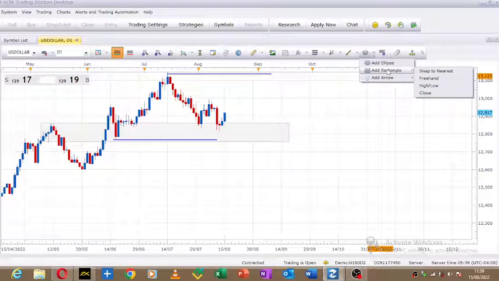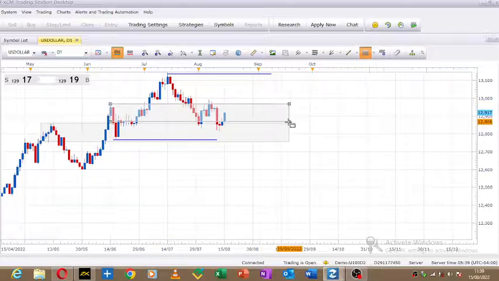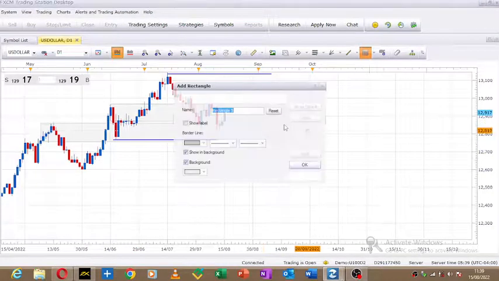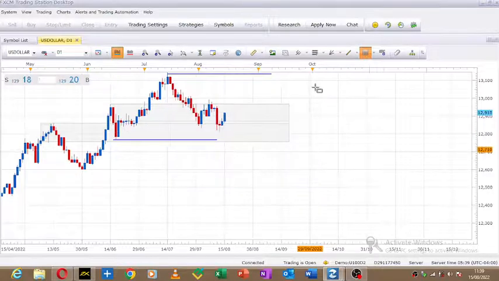I like to leave these zones up here, because they're significant. It's a point where price might go back. As you can see, guys, this is coming in and reacting. It faked out.